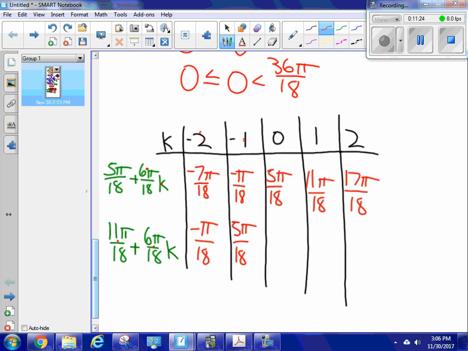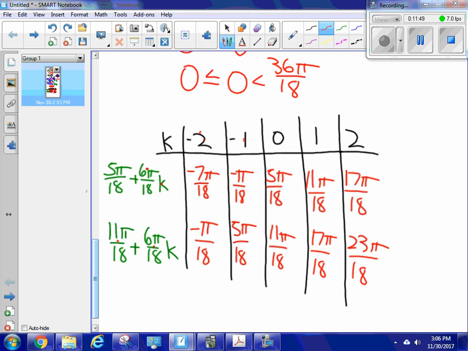I do it with 0, that's easy. I get 11 pi over 18. I do it with 1, and I get 6 plus 11 is 17 pi over 18. And I do it with 2, that's 12 plus 11, that would be 23 pi over 18.